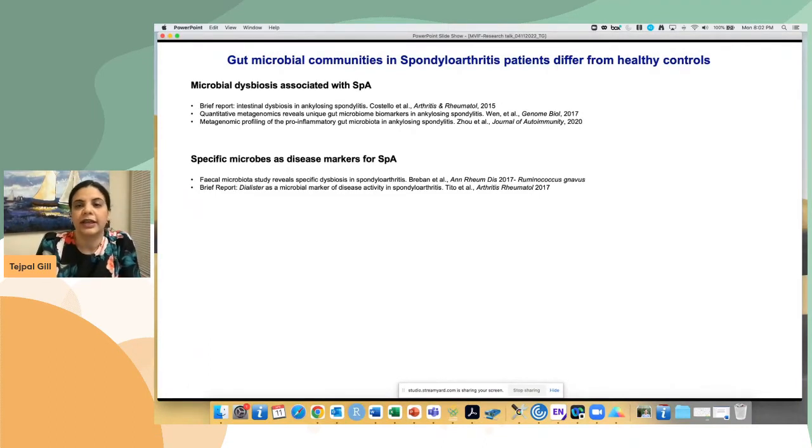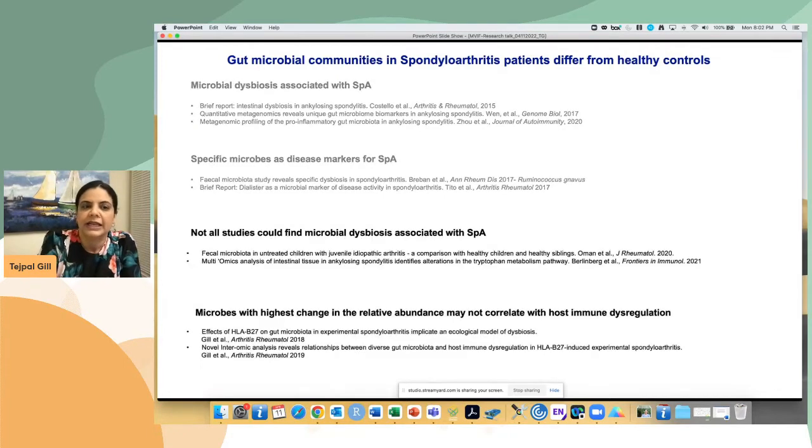However, this is not the case for all the microbiome studies. Some studies could not find microbial dysbiosis associated with spondyloarthritis. It could be either an absence of a difference in microbial composition or a lack of differences in alpha diversity.